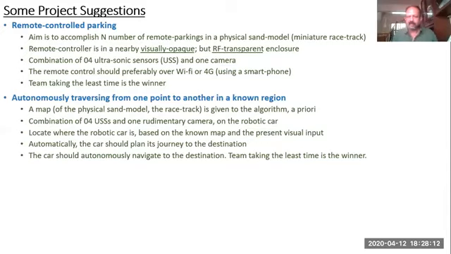Using a combination of ultrasonic sensors and a rudimentary camera, you leave the car anywhere in that sand model, and the car is able to reach a particular destination on its own. Very interesting. Why? Because you will have data fusion, you'll have control, you have image processing. So many things the kids will learn while they are trying to prepare for this particular competition, right?